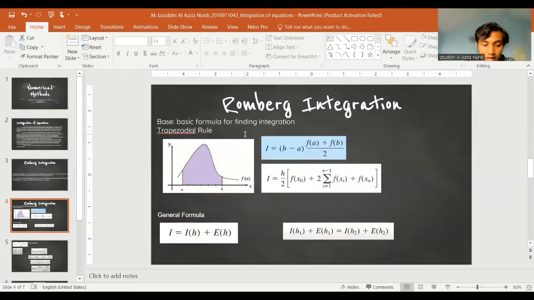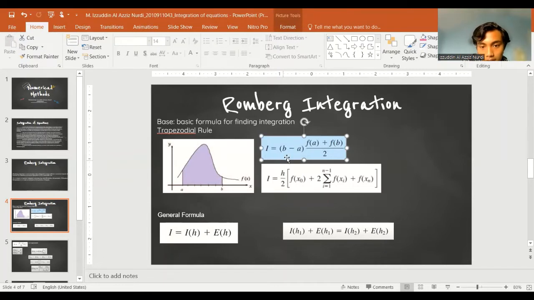In this Romberg integration, we use the trapezoidal rule. And what is the trapezoidal rule? It is an approximation of a function with the shape of a trapezium.